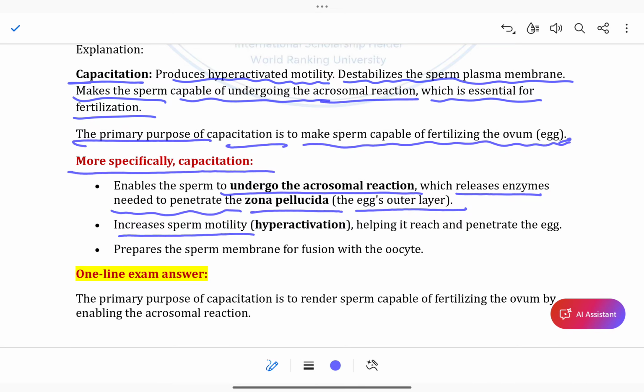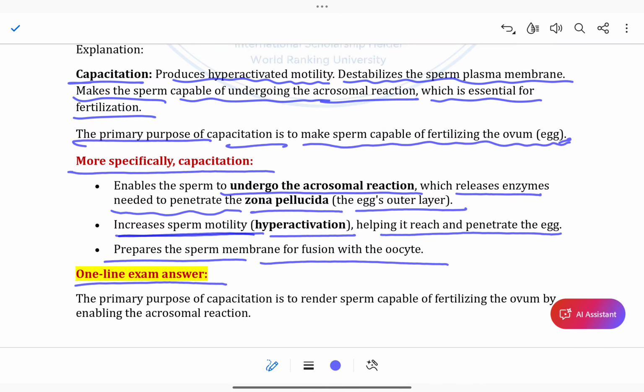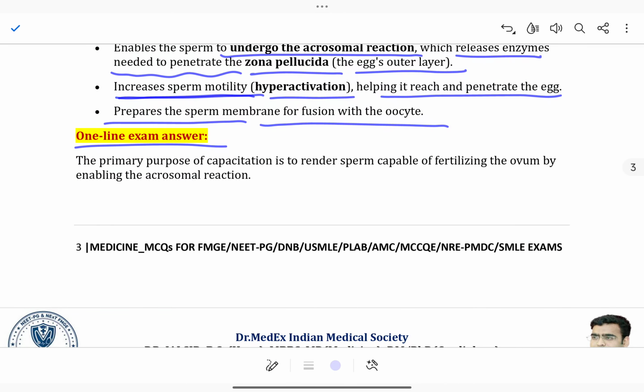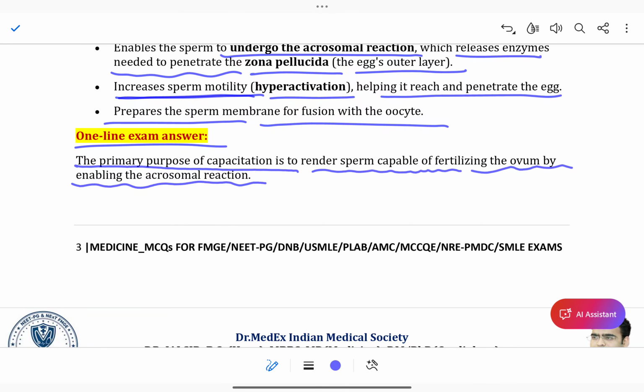It increases sperm motility through hyperactivation, helping it reach and penetrate the egg, and prepares the sperm membrane for fusion with the oocyte. One-line exam answer, the key point: the primary purpose of capacitation is to render a sperm capable of fertilizing the ovum by enabling the acrosomal reaction.